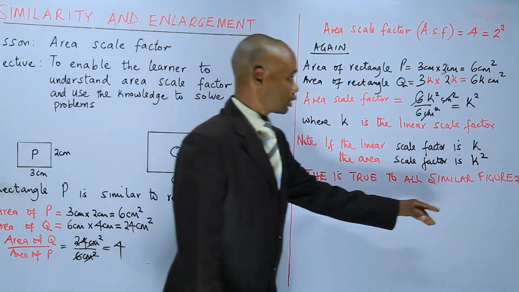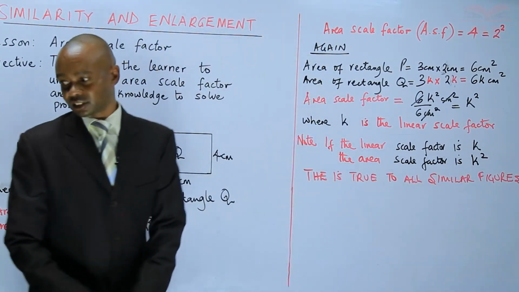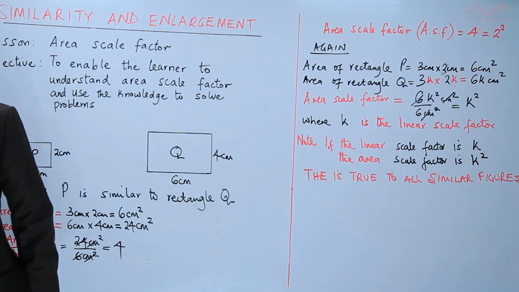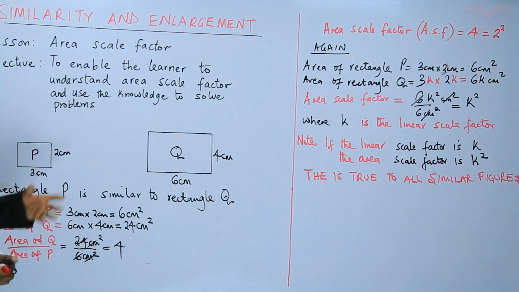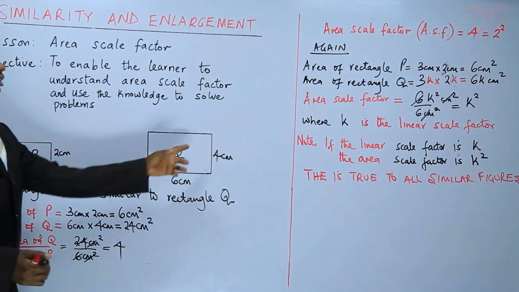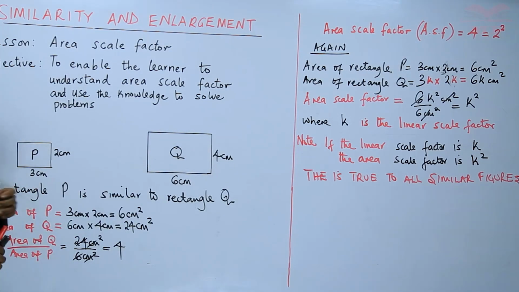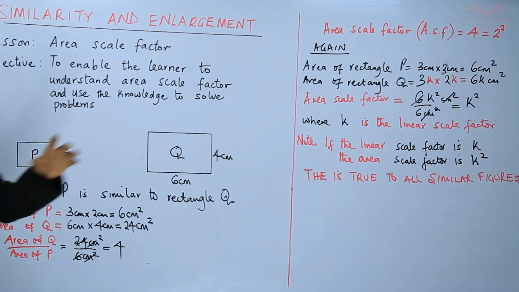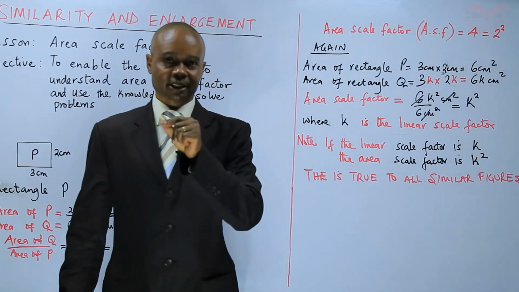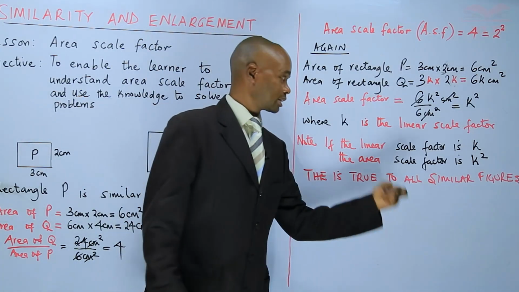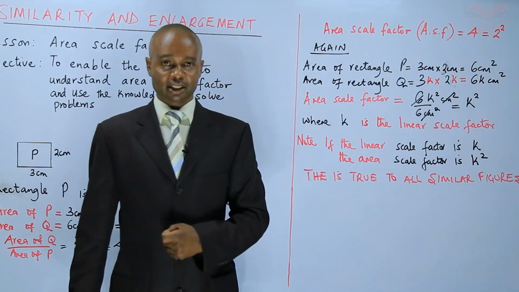This is true for all similar figures. Whenever you know the dimensions, it is easy to get the area scale factor. But once you know the linear scale factor, you square it to get the area scale factor.